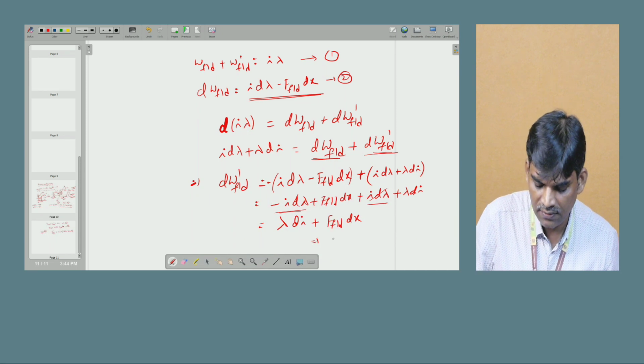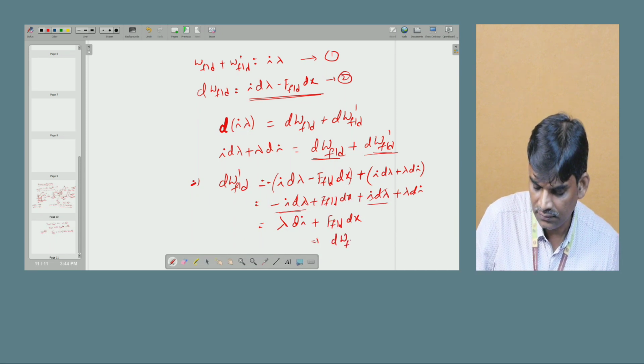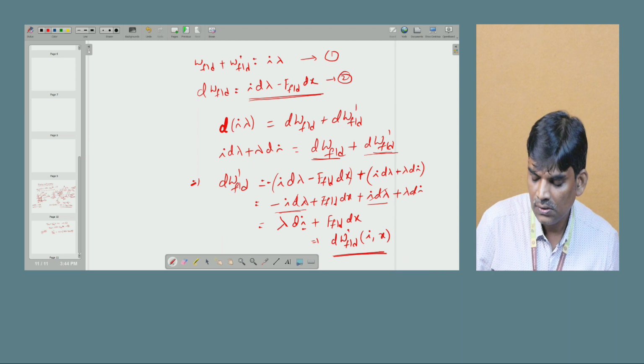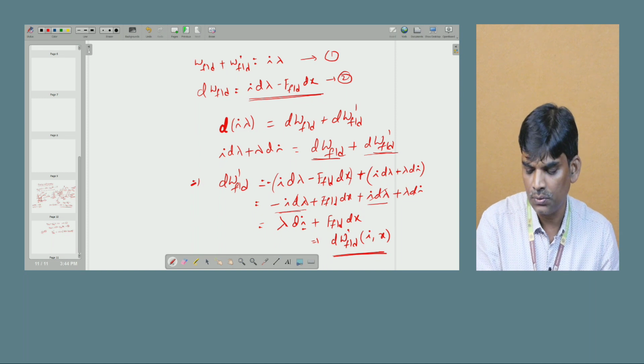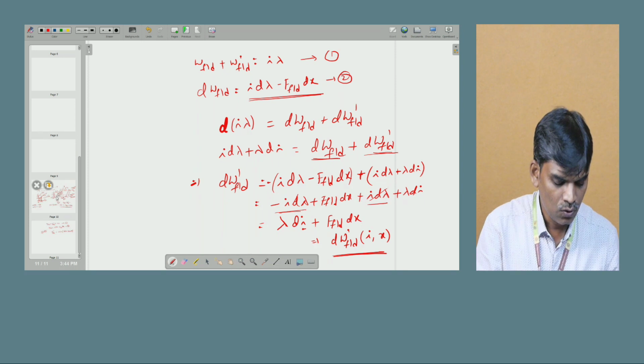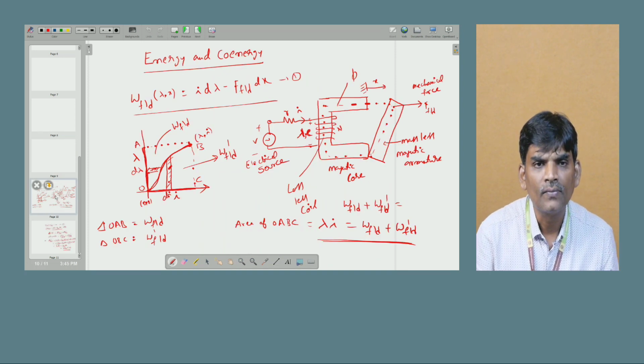Now this is the state function. It varies with two variables, that is I comma x. So my conclusion: why are these two terms introduced? One is the energy and the other is coenergy.